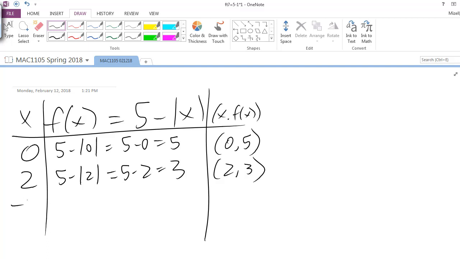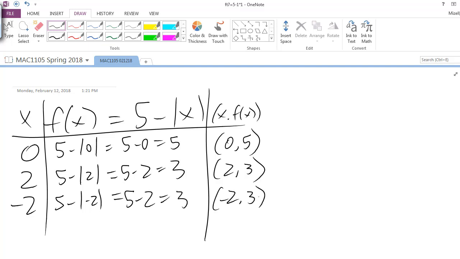If we scoot a little bit to the left, the thing to observe here is that if you put in a positive value for x and the corresponding negative value for x, because you're taking absolute value, you get the same answer in both cases. So the absolute value of -2 is also 2, so we get 5 minus 2 again, which is again 3.